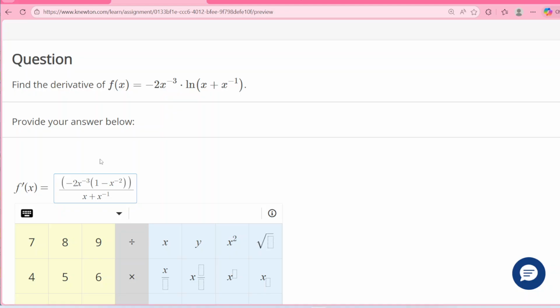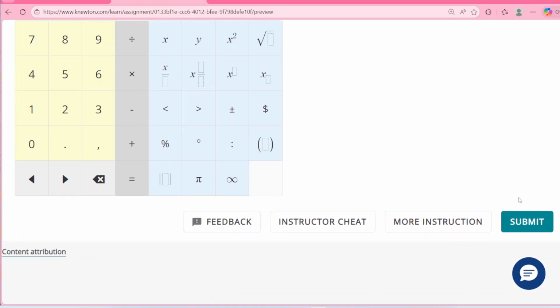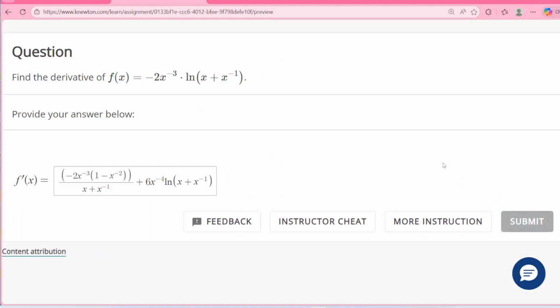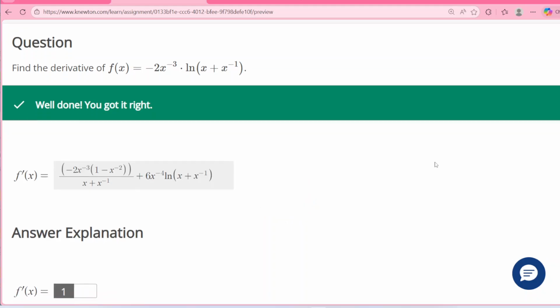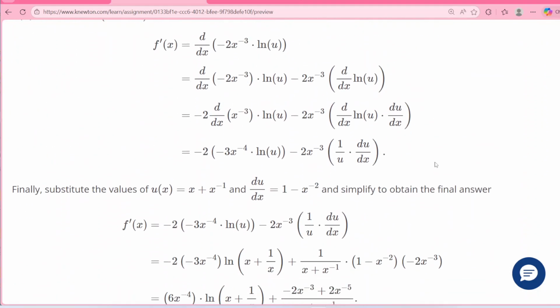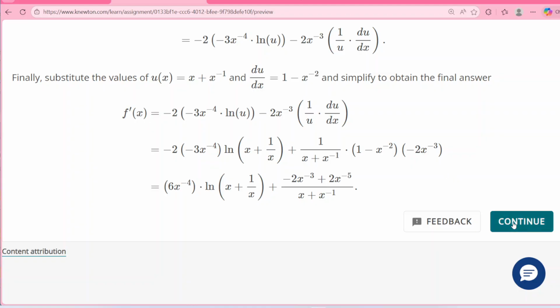I just leave the first alone times the derivative of the second. Then plus, derivative of the first factor, 6x to the negative 4 times the second factor the way it was, natural log of x plus x to the minus 1. This should be good. Great. And again, the way they rewrote it is different, but it's still equivalent to what I had.